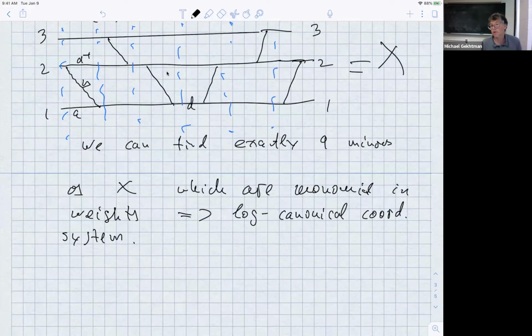But if I change the order of factorization, which I can do, right? So we can factor in different orders.